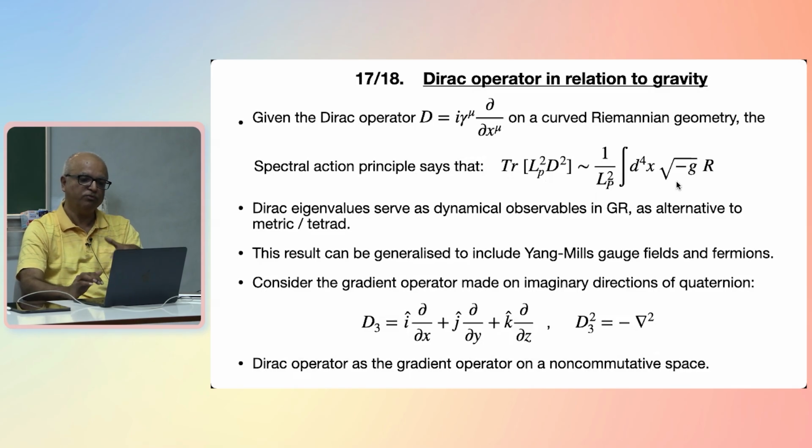Instead of the metric, you can work with the eigenvalues of the Dirac operator. So, this is related to our discussion. There seems to be something more fundamental than the metric, and those are the eigenvalues of the Dirac operator. You would construct the metric from the Dirac eigenvalues. These same eigenvalues also describe the standard model gauge theories. They also describe fermions.